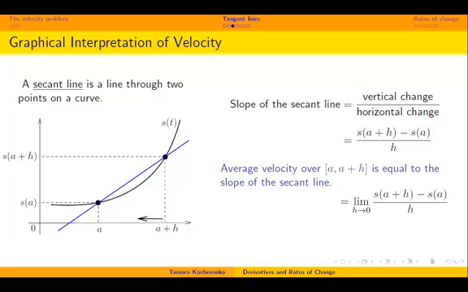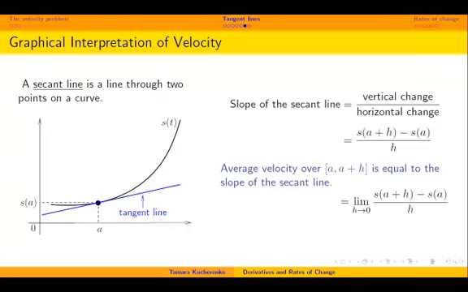We see that as the interval shrinks to a single point, the secant lines rotate into a line that skims the curve at that point. This line is called the tangent line. The slope of the tangent line is the limit of the slopes of secant lines as the interval shrinks.